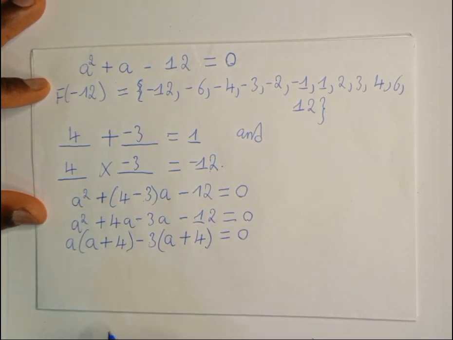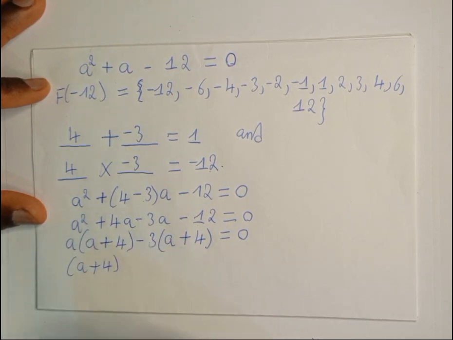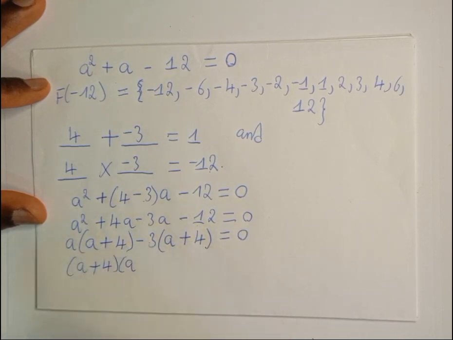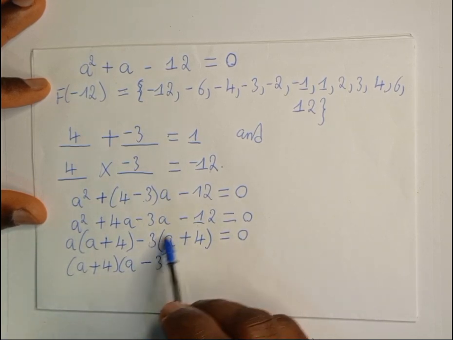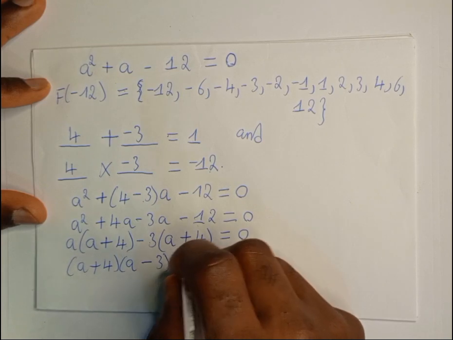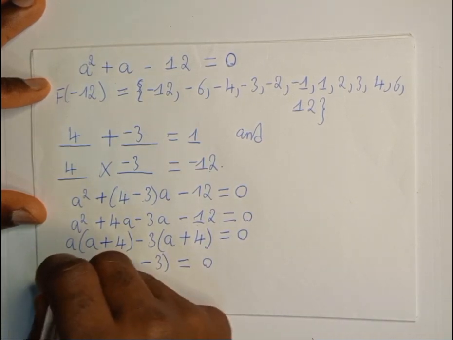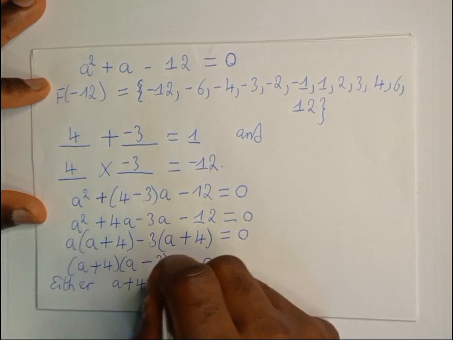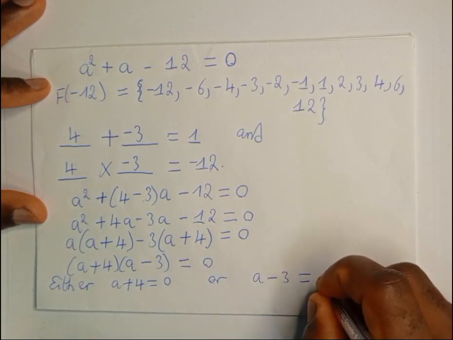We have two terms, and a plus 4 is common. a plus 4 times a gives us the term a times a plus 4. a plus 4 times negative 3 gives us the term negative 3 times a plus 4 is equal to 0. At this level, we are going to say either a plus 4 is equal to 0 or a minus 3 is equal to 0.